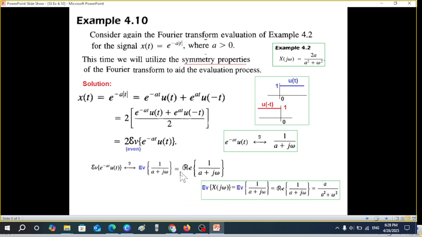We'll plug in that. It is the real part of this value, which is equal to a divided by a squared plus omega squared. And now it is 2 times, so our final answer will be X(j omega) is 2 times the real part of this, which is 2a divided by a squared plus omega squared.